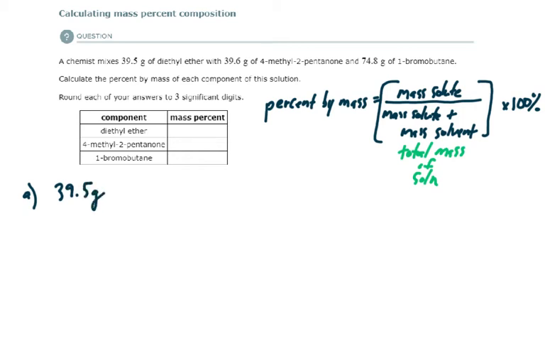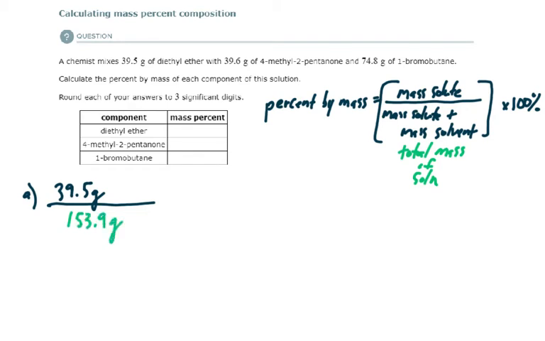Well, it's the one present in the smallest amount. If I'm comparing this to the solution, I'm going to have more of the total solution, more solvent. So this is my solute, and I'm going to divide it by the total mass of the solution. And the total mass of the solution is going to be this plus this plus this. Okay? So the total mass of the solution, adding all of those components up, is going to be 153.9 grams.